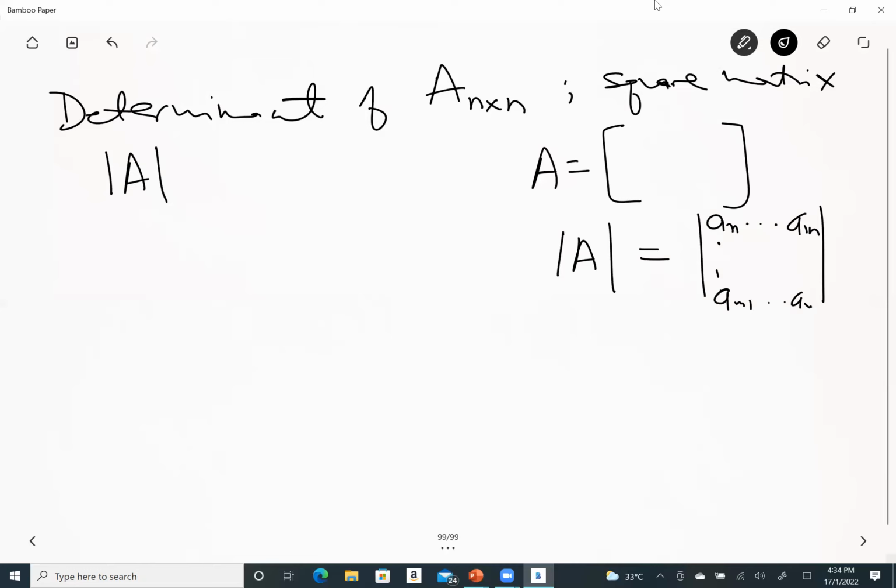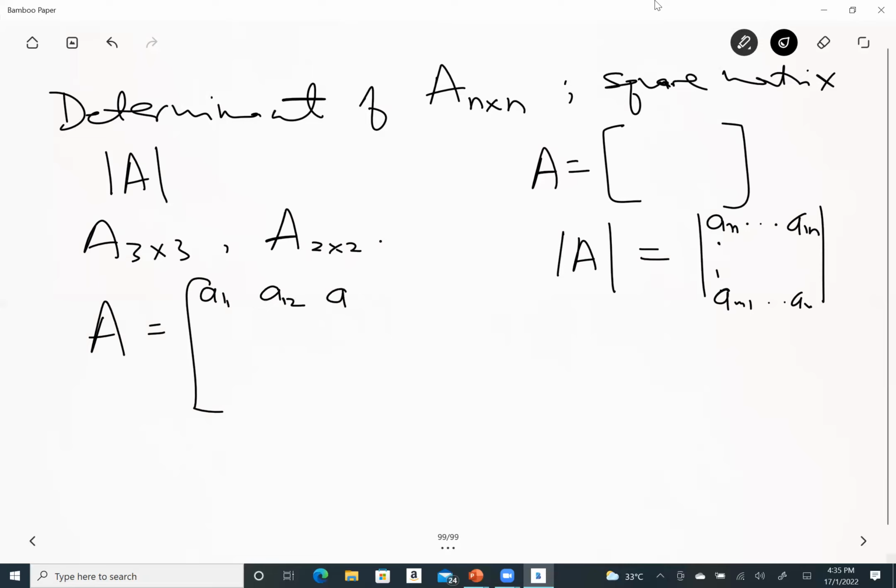For determinant, for now we only consider a 3 by 3 and a 2 by 2; if you want to learn more, you can learn later. So what is the determinant? Consider a 3 by 3 matrix A with rows A11, A12, A13, A21, A22, A23, A31, A32, A33.